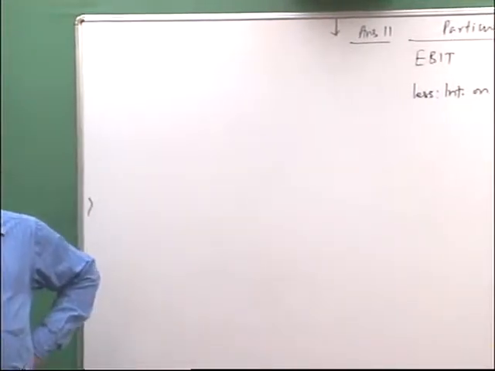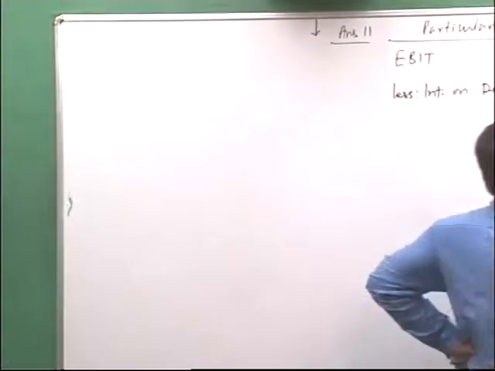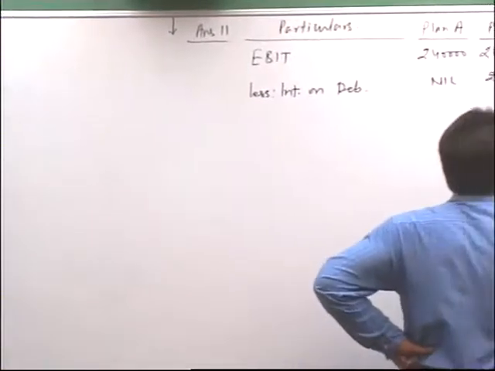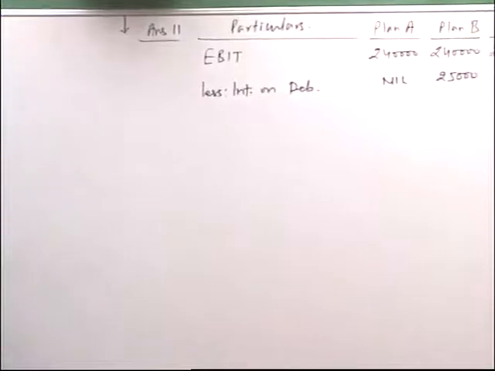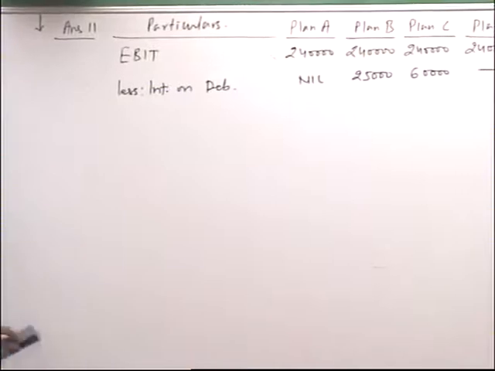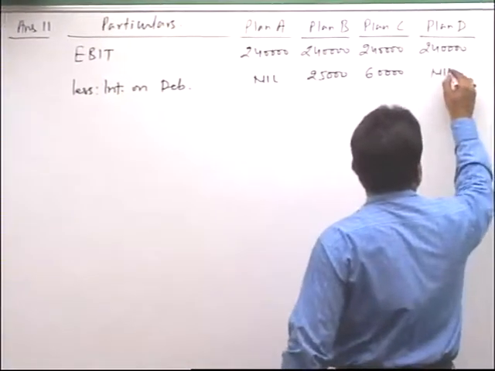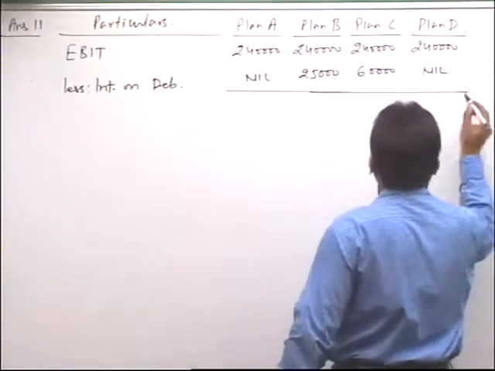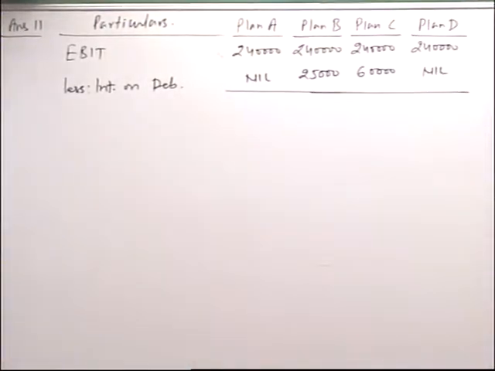So, on 10 lakh rupees of debentures at the rate of 6%, the interest will be 60,000. And in Plan D, there will not be any interest because the old capital is equity and the new capital is 5 lakhs equity and 5 lakhs preference. So, interest will come only under Plan B and Plan C. No interest under Plan A and D.